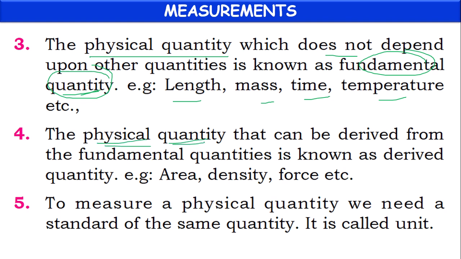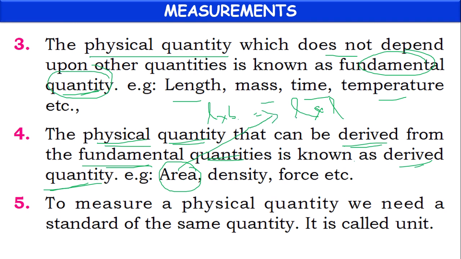The physical quantity that is derived from the fundamental quantities is known as derived quantity. Suppose area is there. The formula of area is length into breadth. Length into one more length. Breadth is another length. So area is depending upon fundamental quantity length.